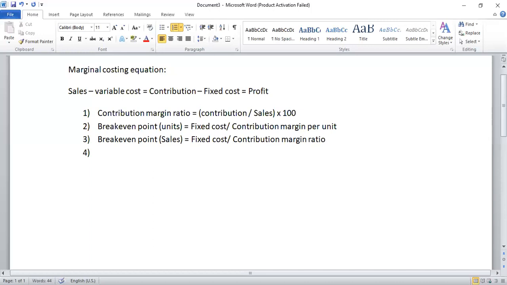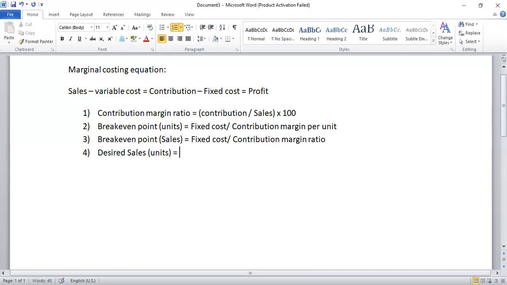Next, at any level other than the break-even point, there is either profit or loss. So we can also find out desired sales in units for any other level.